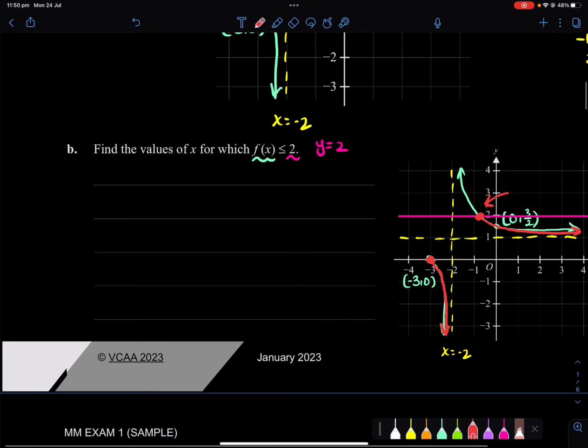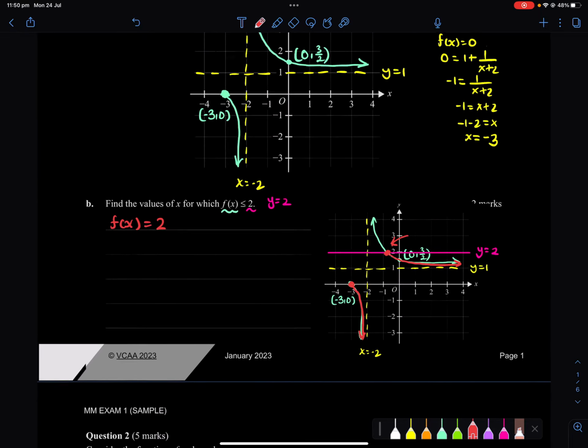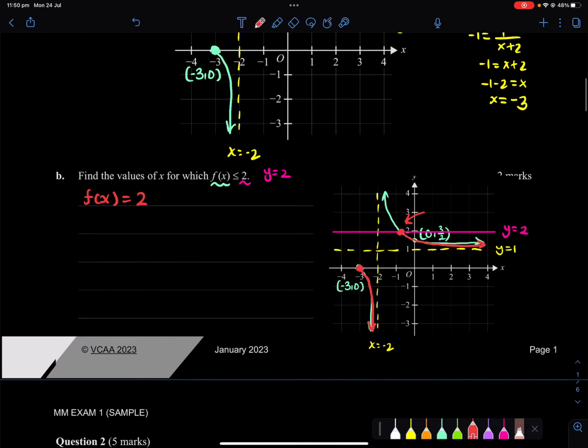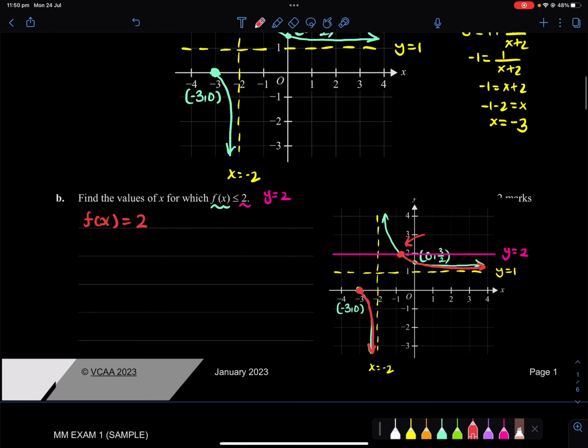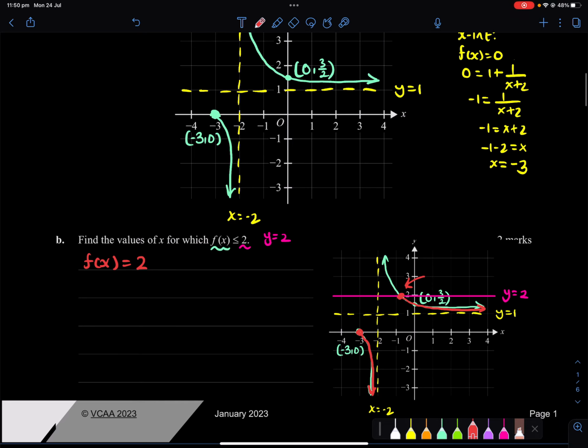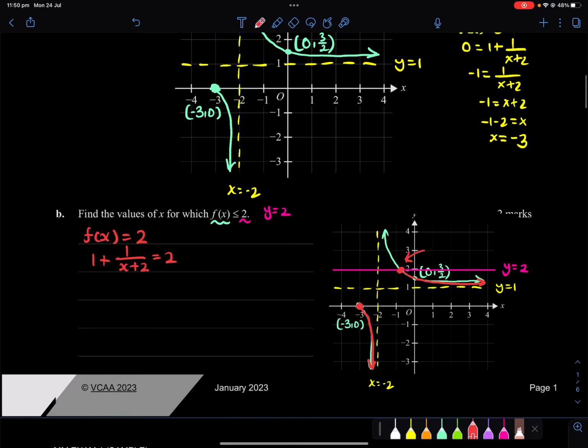To find that point of intersection, I'm going to let f of x equal 2, and I'm going to solve now. So what's the equation? 1 x plus 2 equals 2.